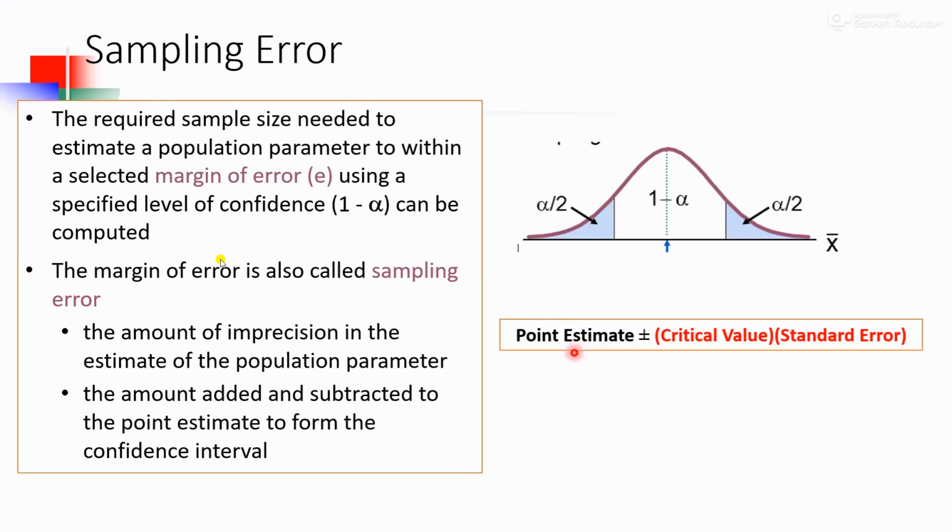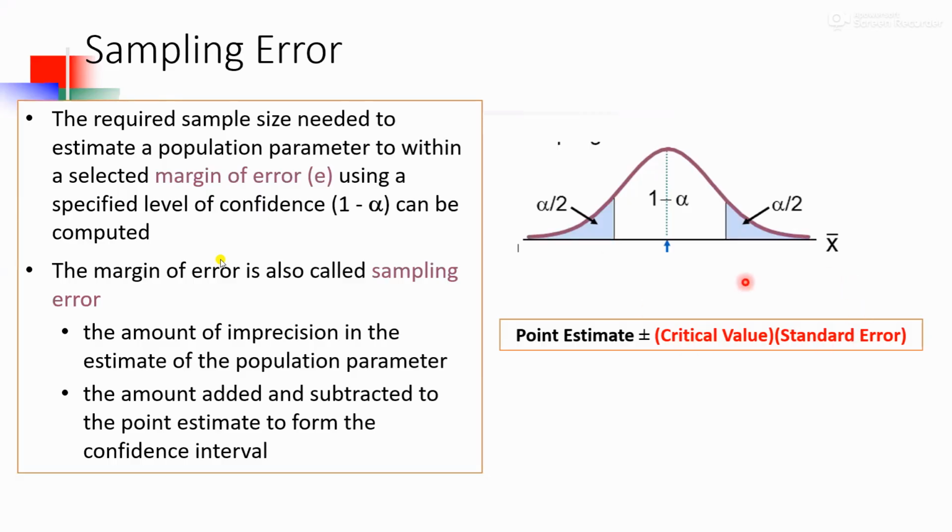So here this is the point estimate. How much amount are we adding and subtracting? Critical value into standard error. This length is given by critical value into standard error, and this is called the margin of error. So point estimate plus critical value into standard error is the maximum limit, and the point estimate minus critical value into standard error is the minimum point.